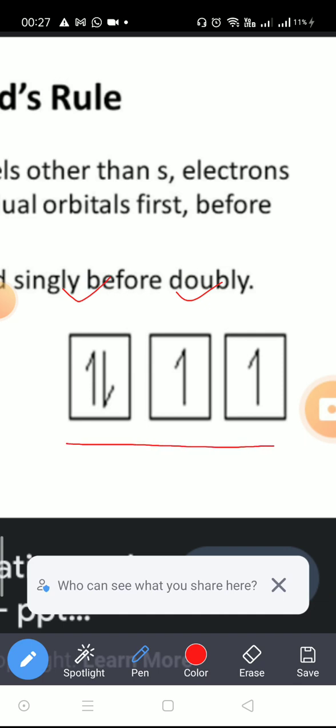So in that case, the electron is first singly filled, a single electron in each orbital, then pairing of the electrons is done. As you can see, one here, one here, one here, then pairing is starting from here. This is how electrons are filled.